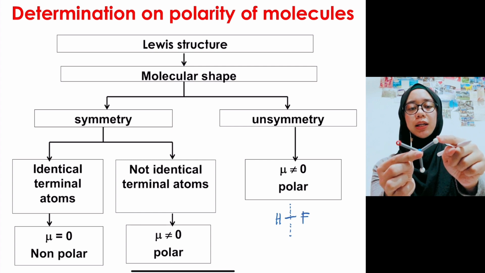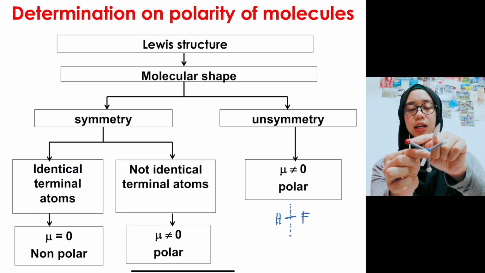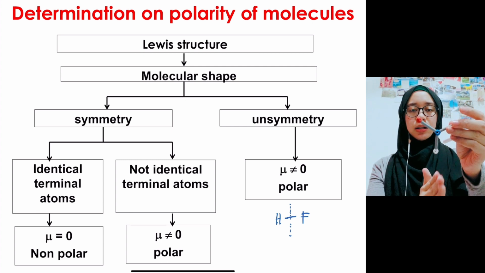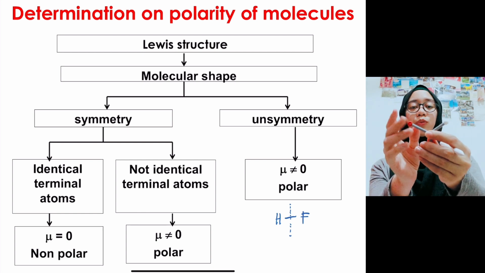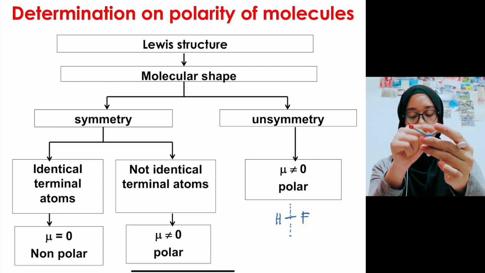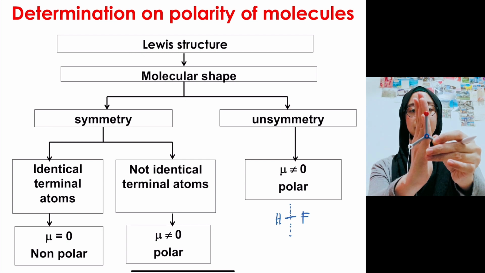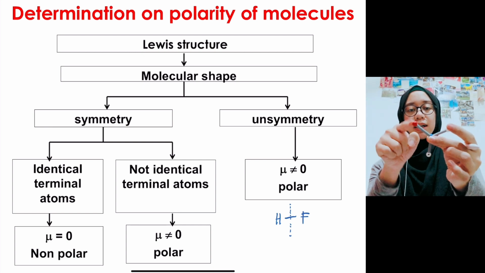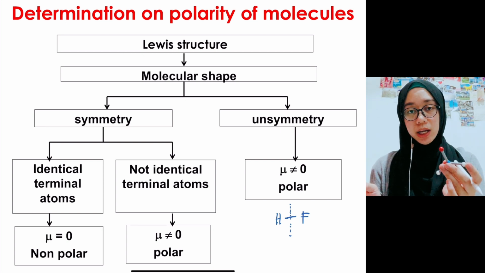Terminal atom kita ada dua yang putih dan satu yang merah kat sini. So bila kita bahagi dua, kita tengok susunan dia, since dia adalah non-identical, walaupun kamu tengok dia macam symmetrical je, sama je kiri kanan, tapi since terminal atom dia berbeza, automatically dia tak boleh nak cancel off dia punya dipole moment.